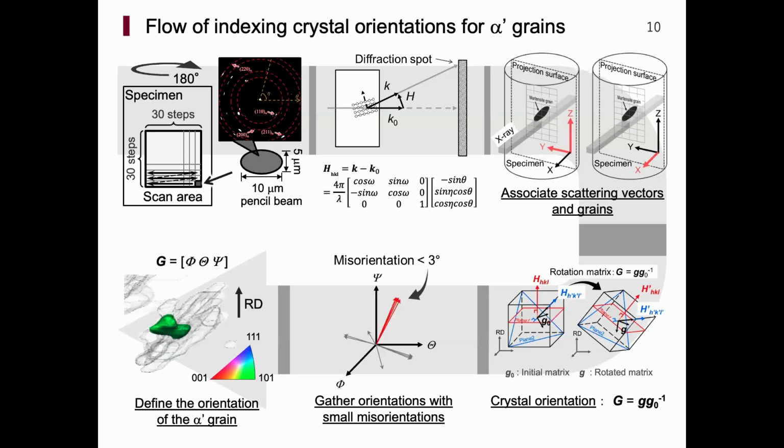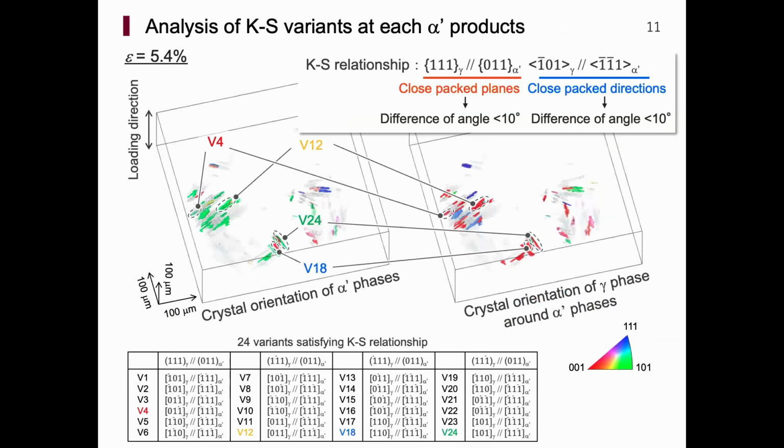Similarly, we associated the scattering vectors of austenite phase to each martensite product and calculated the crystal orientation of austenite phase around each martensite product. So by this XRD analysis, we determined the crystal orientation of both martensite phase and austenite phase around each martensite product.